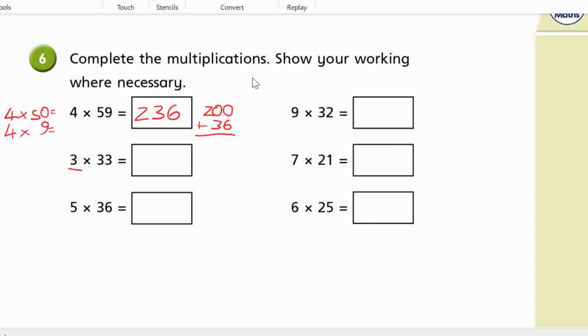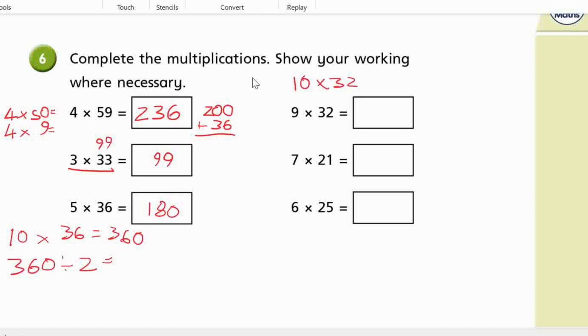Oh, now we could do this in our head, couldn't we? 3 times 3 is 9, and 3 times 3 is 9, making 99. Okay. 5 times 36. Now, again, we did this, didn't we? 180, well remembered, because you can do 10 times 36, which equals 360. 360 divided by 2 equals 180. 9 times 32, now remember we did 10 times 32, which gave us 320. 320 minus 32, so we've got an extra 32.